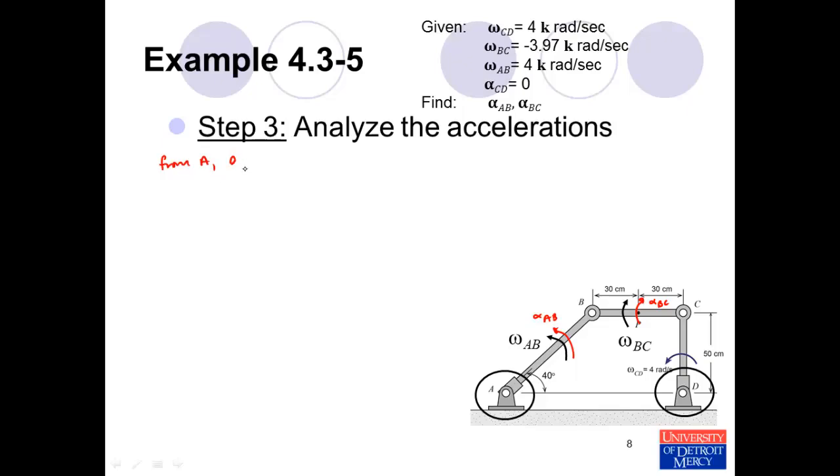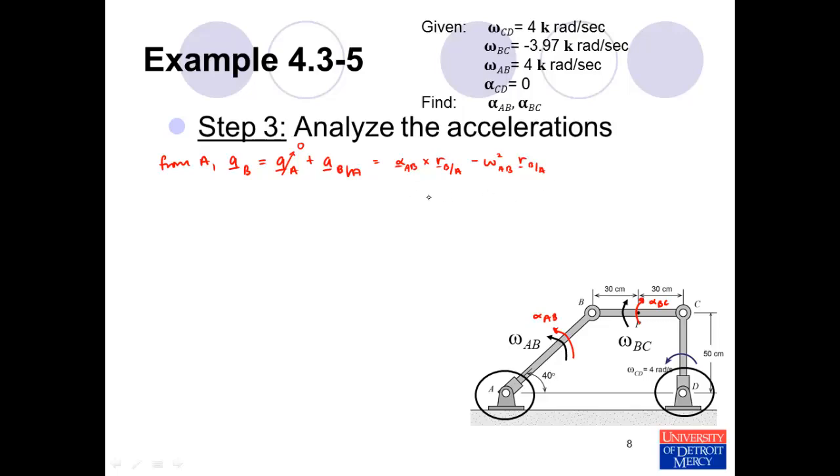So starting from A, we can say that the acceleration of B is equal to the acceleration of point A plus the acceleration of point B relative to A. Since point A is fixed, its acceleration is 0, and we can consider B as moving in a circle about A. The generic equation that we use is angular acceleration of the bar crossed with the position vector minus the angular velocity squared times the position vector.